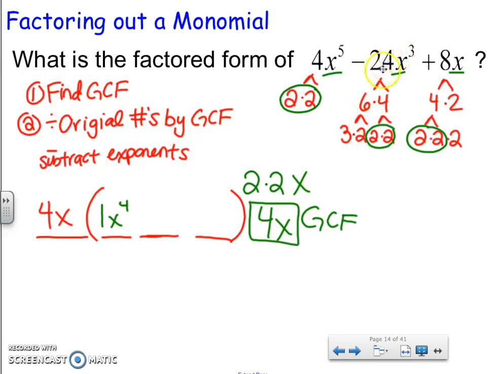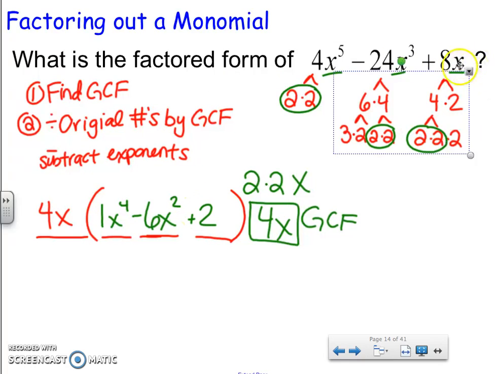So I'm going to hop over to this term and do negative 24 divided by 4. And so 24 divided by 4 is a negative 6. Okay, and then I'm going to look at my exponents. I had 3 up here, and I took 1 away, so there would be 2 inside. And then same thing with this last term. 8 divided by 4 is a 2, positive.